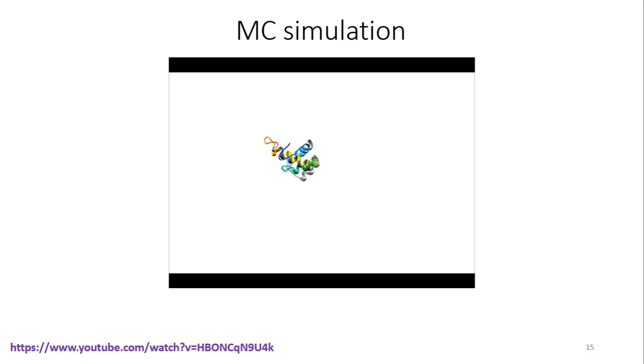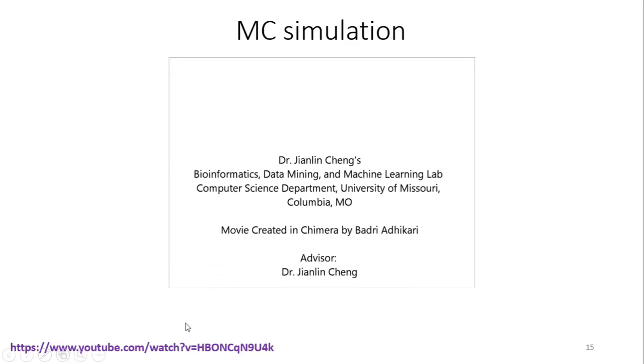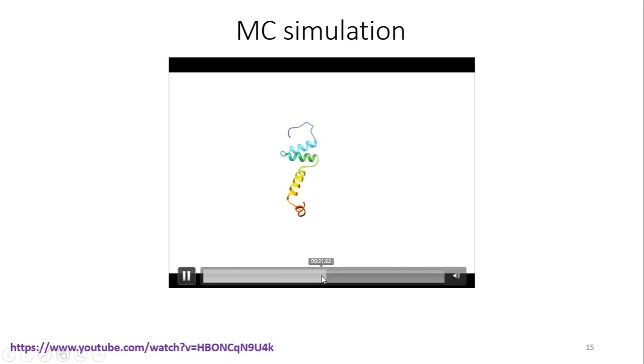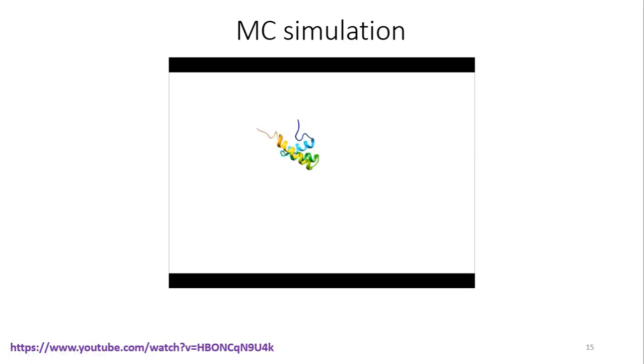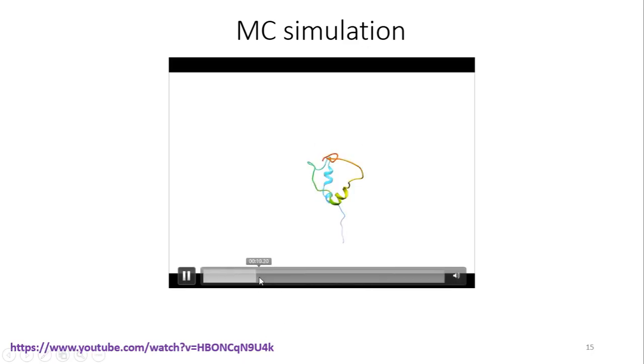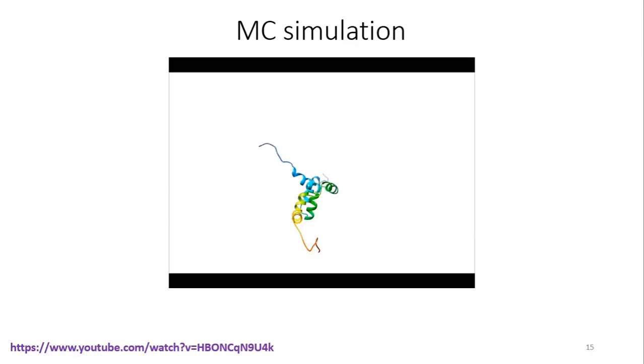The frames that you have seen in case of MD simulation happen one after another as they appear in the trajectory. On the other hand, you might observe sudden shifts in secondary structure in this Monte Carlo simulation trajectory.